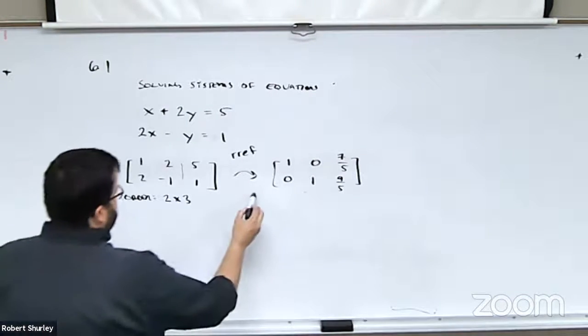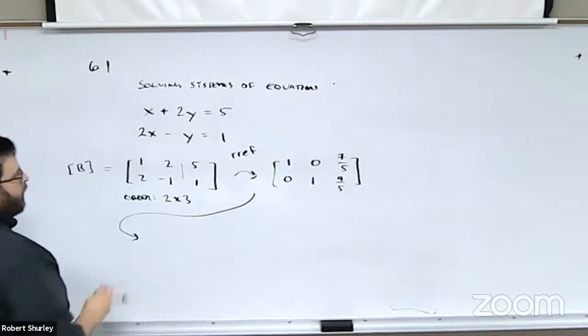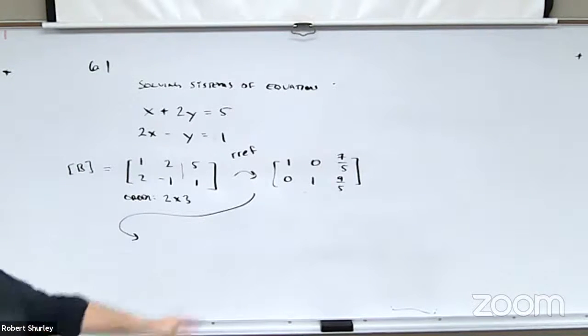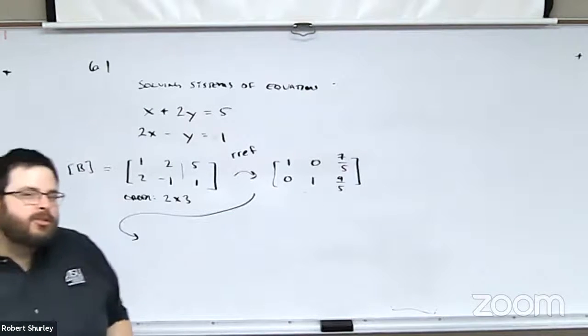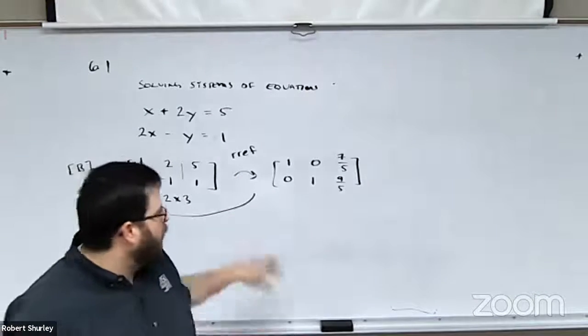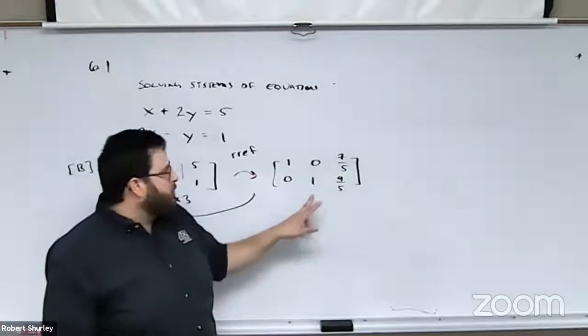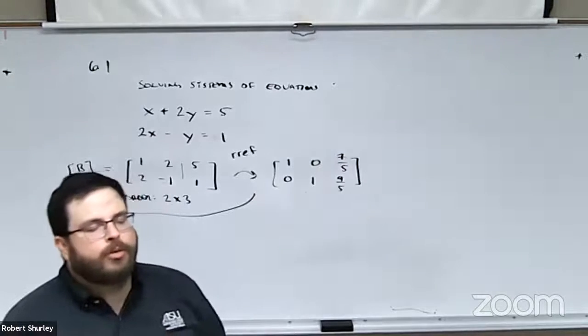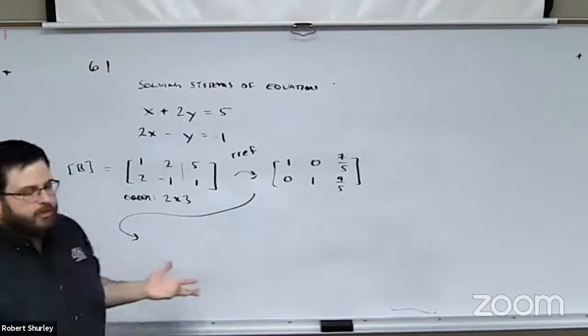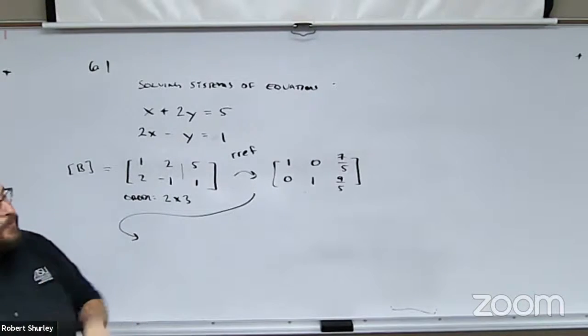And what's nice about this, again, is we can write this now back into the system of equations form. You don't have to do this. Once you see the pattern, you'll see, oh, this means x equals 7/5, and this means y equals 9/5. So you're more than welcome to do that. I just want to show you where that's coming from, especially the first few times we do this.